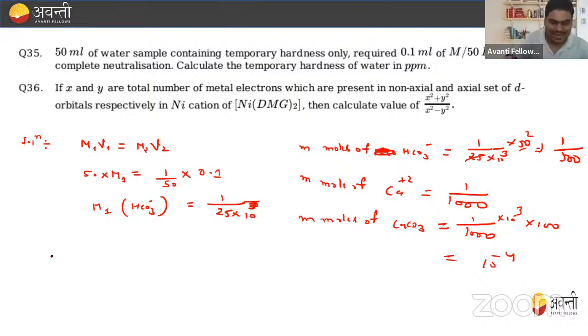So how will you calculate hardness? Do you know? We already discussed this formula. Hardness we can calculate by weight of CaCO3 upon the weight of water into 10 to the power 6.